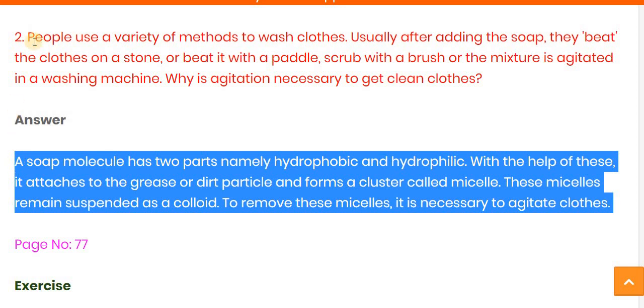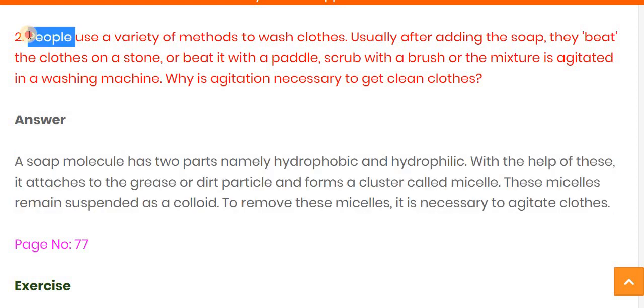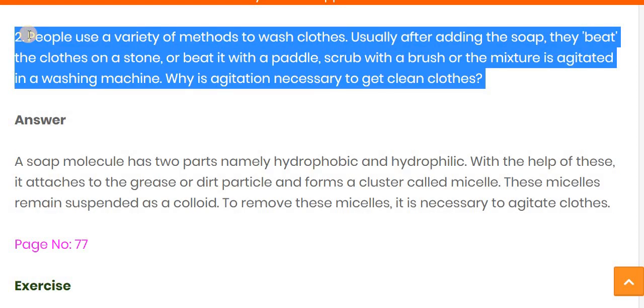Let's say it one more time. The question is: people use a variety of methods to wash clothes. Usually, after adding the soap, they beat the clothes on a stone or with a paddle, scrub with a brush, or the mixture is agitated in a washing machine. Why is agitation necessary to get clean clothes?